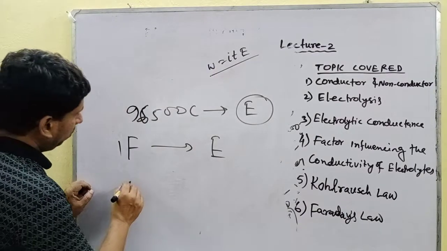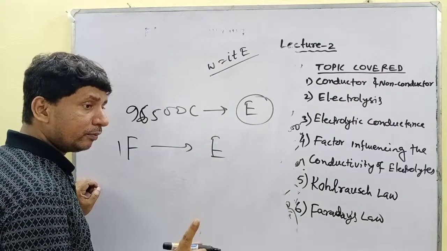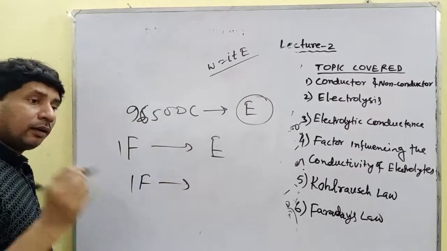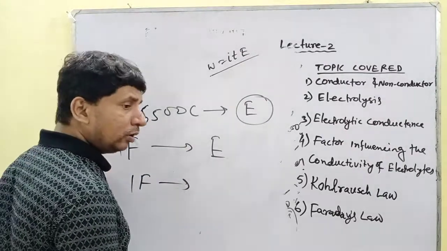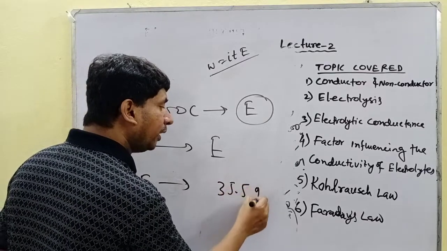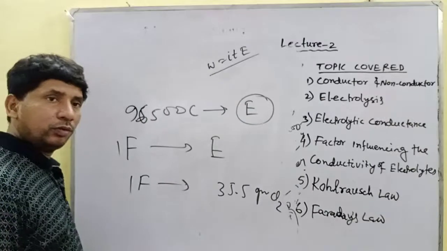You know, the equivalent weight of chlorine is 35.5. Then if 1 Faraday charge is carried through the cathode or anode, 35.5 gram chlorine will be deposited at the anode.